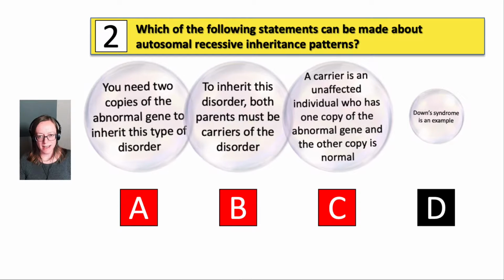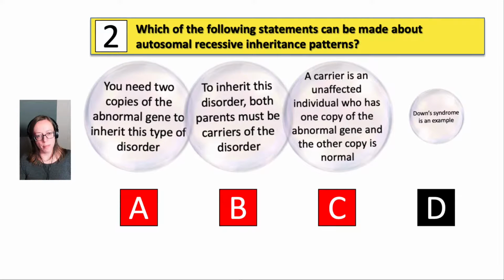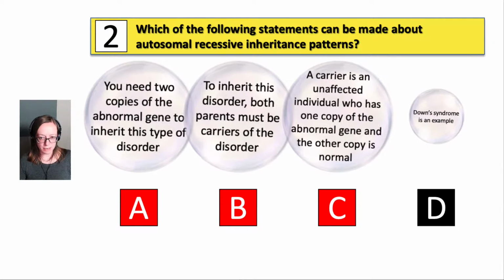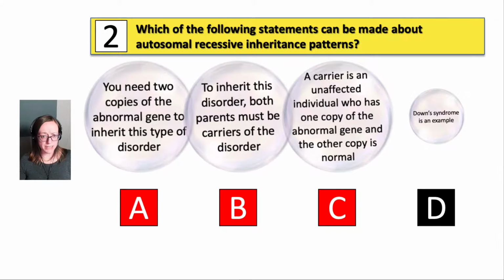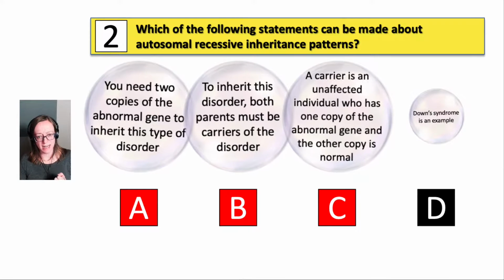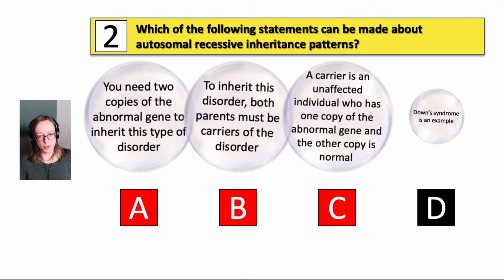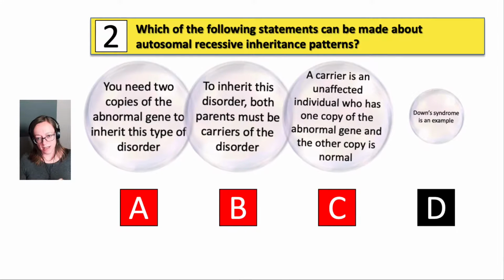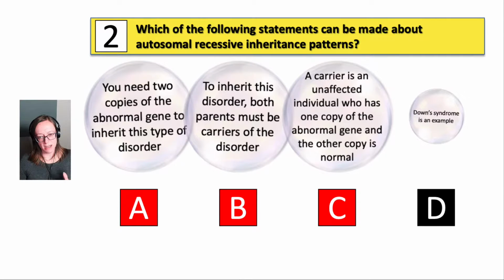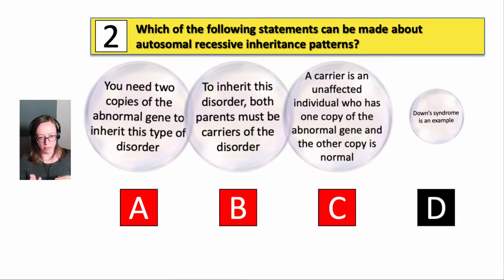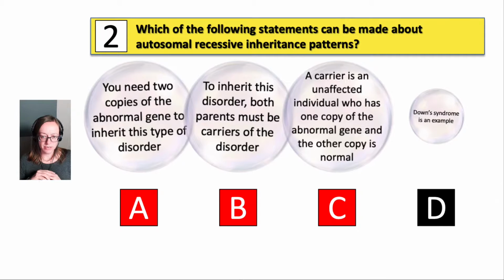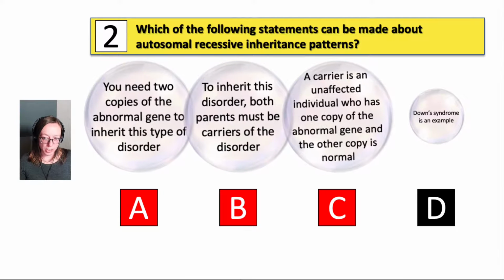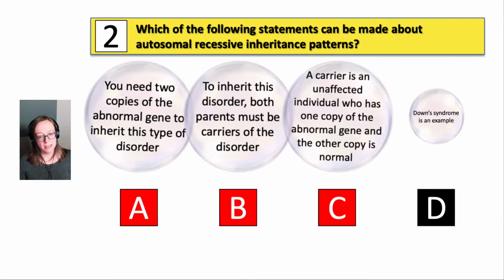A, B and C are statements that are true about autosomal recessive inheritance patterns. So you need 2 copies of the abnormal gene to inherit this. That means both your parents must be carriers of the disorder. A carrier is an unaffected individual who has 1 copy of an abnormal gene and 1 copy of a normal gene. And then Down syndrome is the odd one out because Down syndrome is not an inherited condition.